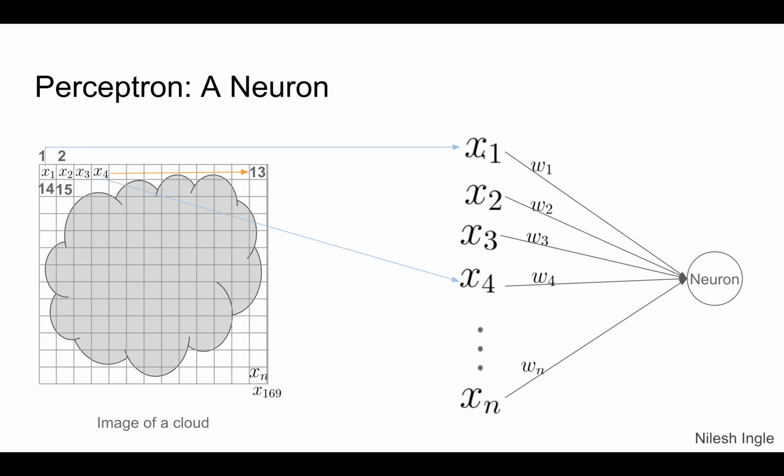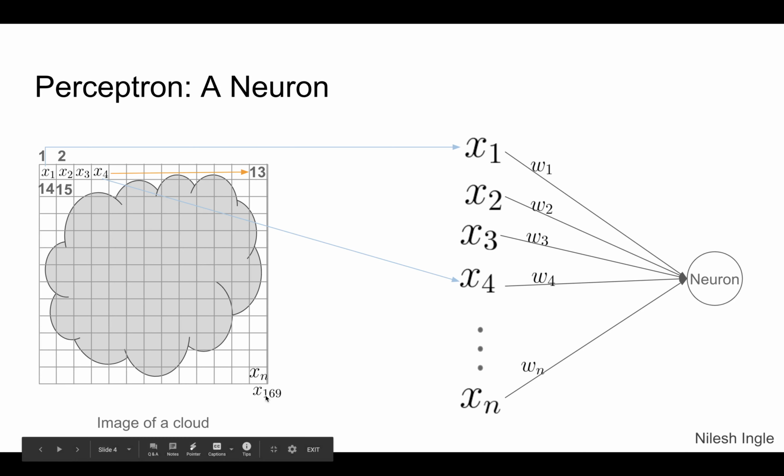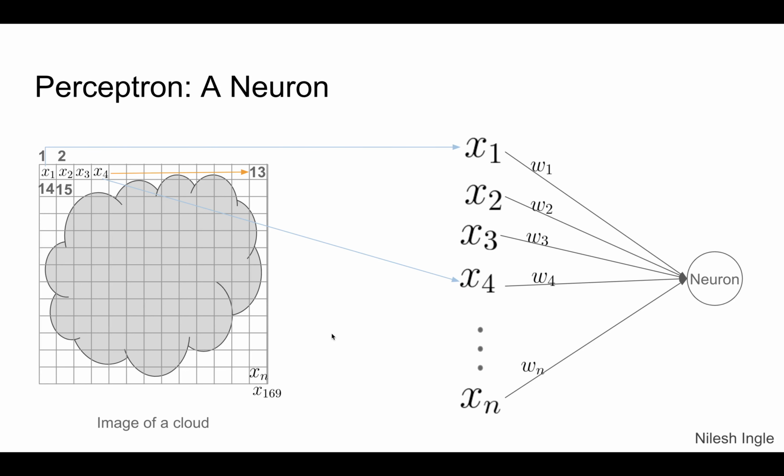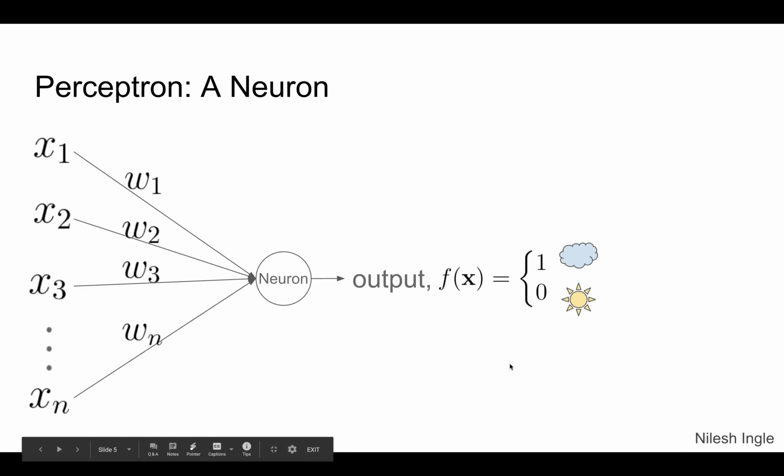So the gray value of each of those pixels is multiplied by the weight, and that's the input to the neuron, and that is done for the entire image. So in this case we have a total of 169 pixels, and all those would be the features for this particular neuron.